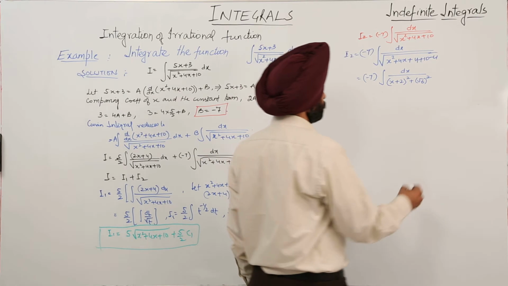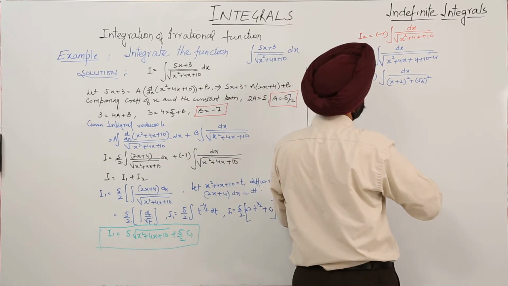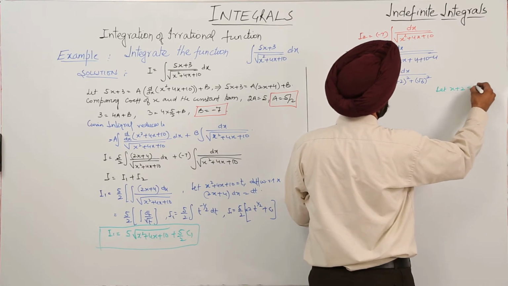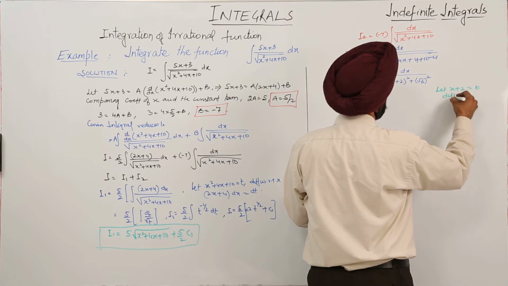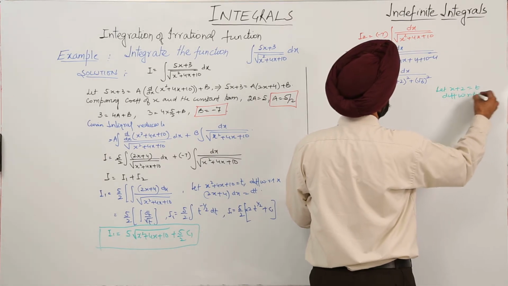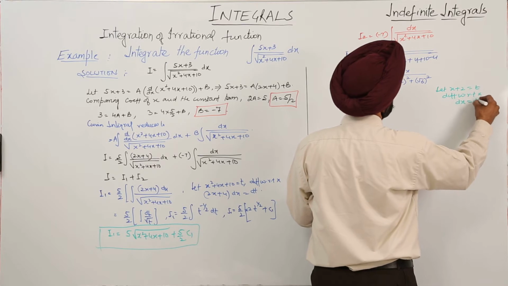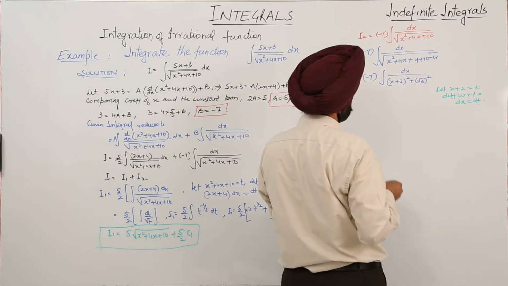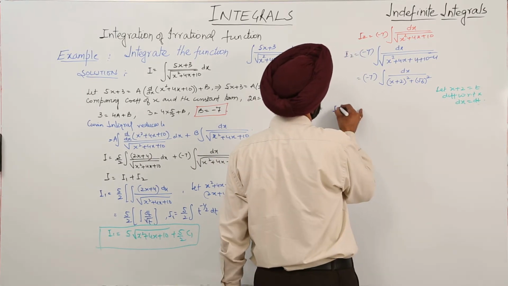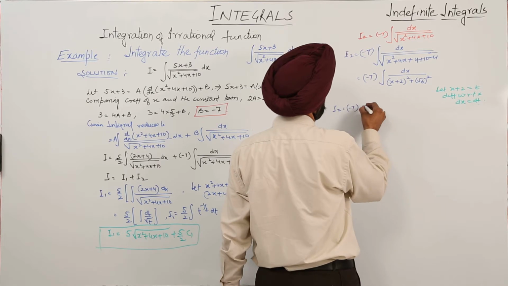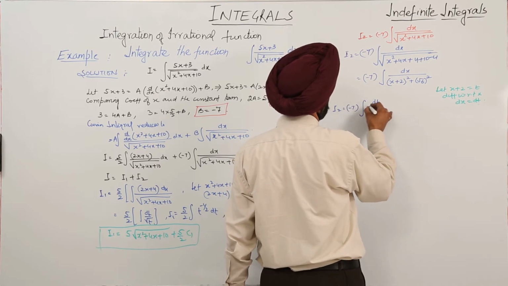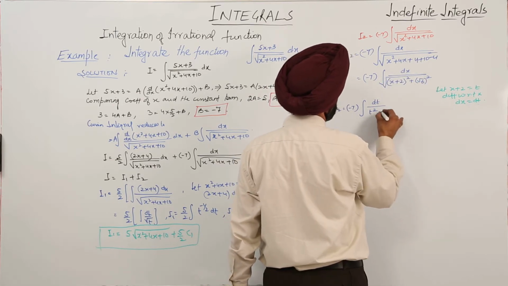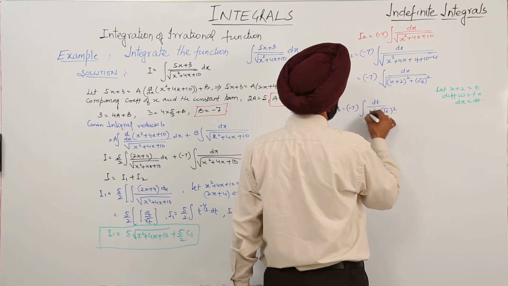Now let x + 2 is equal to t, differentiating with respect to x, dx is equal to dt. Now the question converts to integration of dt upon root of t square plus root 6 whole square.